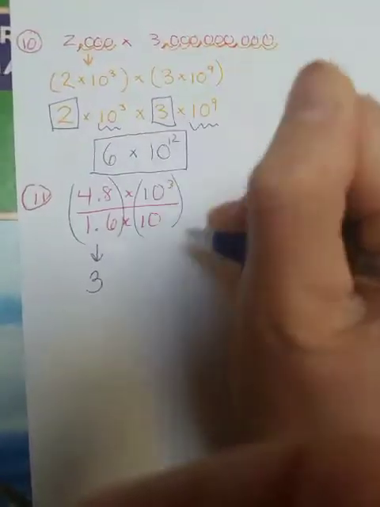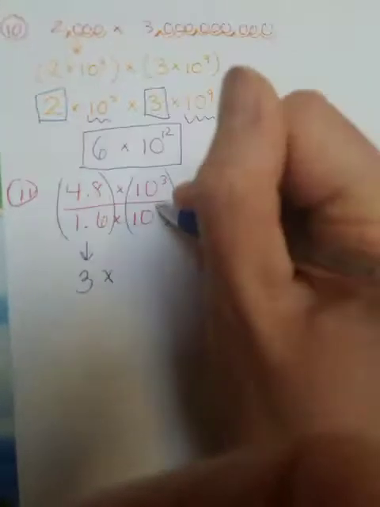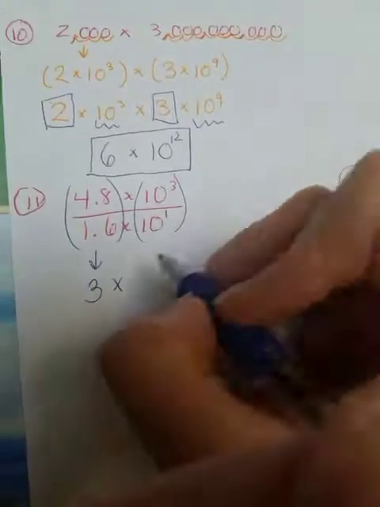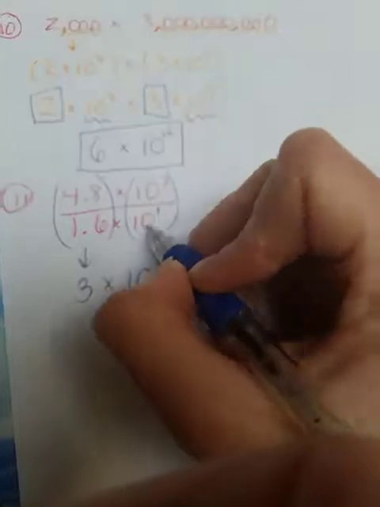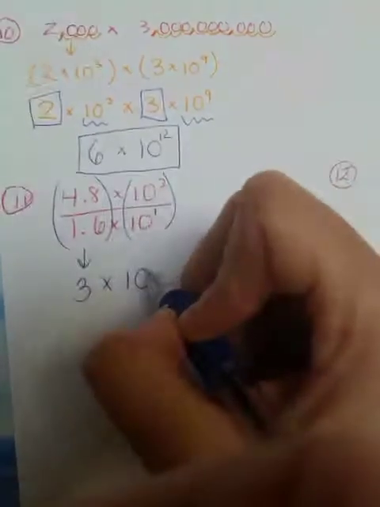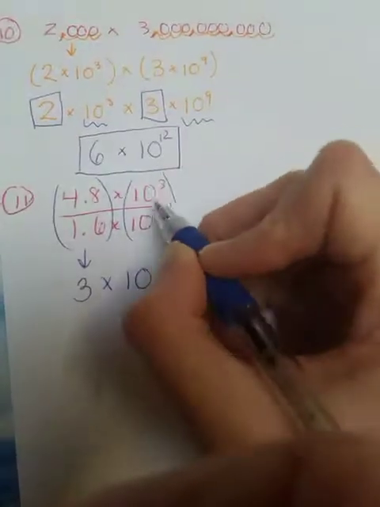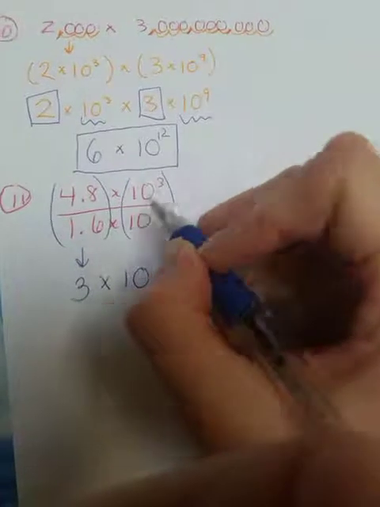Now, you want to show us your properties of when you're dividing the same bases. Remember, this is 10 to the first. So when you have a base divided by the same base, a 10 divided by a 10, you keep the base of 10 and you subtract the exponents. So 3 minus 1 is 2. That's your answer.